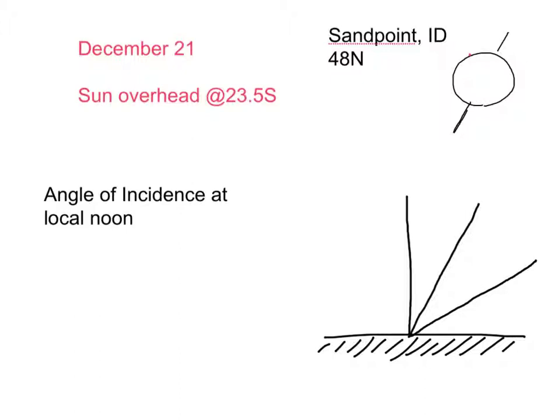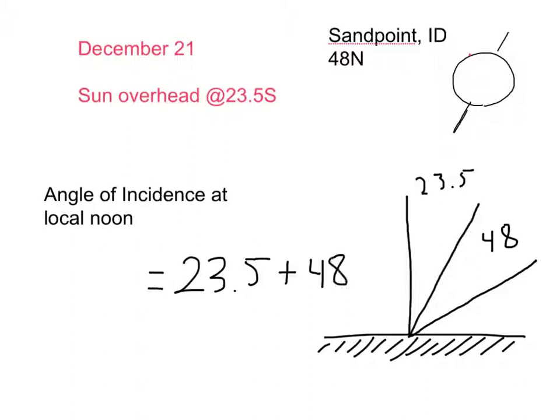So if we add together 23.5 and 48, that's going to give us our angle of incidence, and we can simply add those together here, and what we'll find out is that our angle of incidence at local noon, 23.5 plus 48, gives us a value of 71.5 degrees.